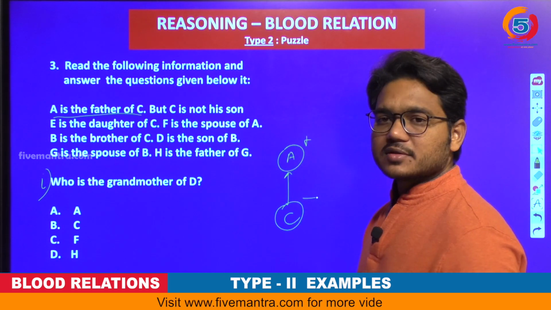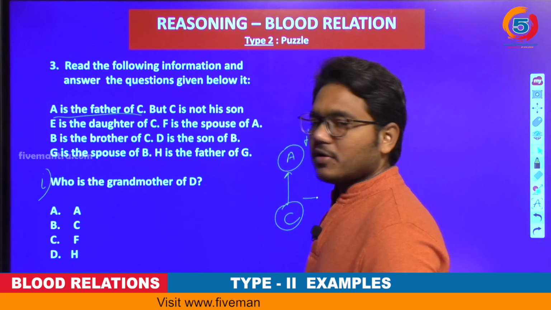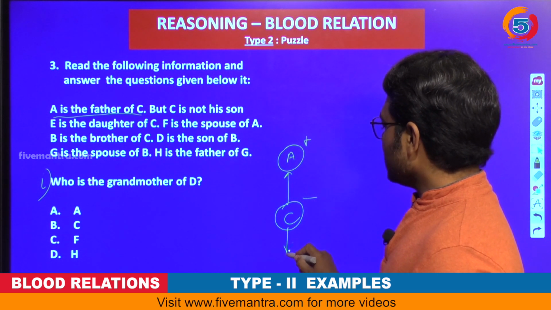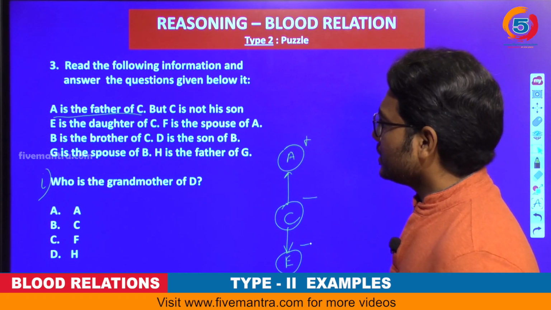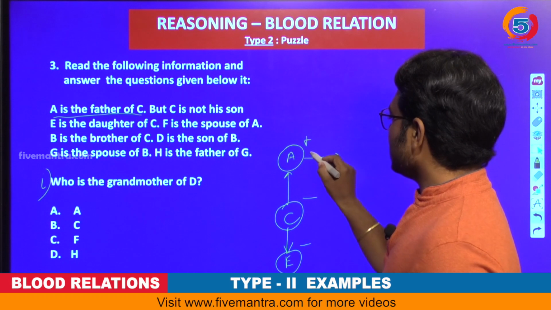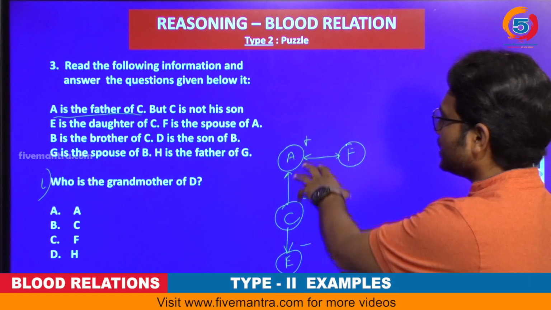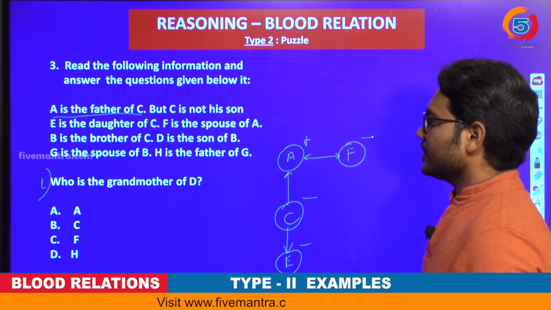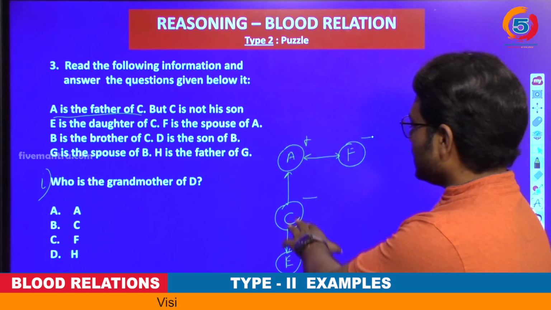Then another statement, E is the daughter of C. So if you draw here, E is the daughter of C. Then F is the spouse of A. Since A is male, F will be female. Then B is the brother of C. Where is C here? Identify.